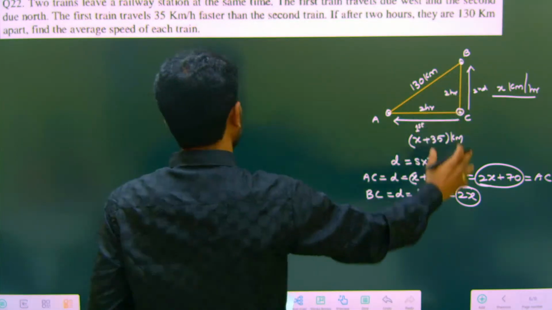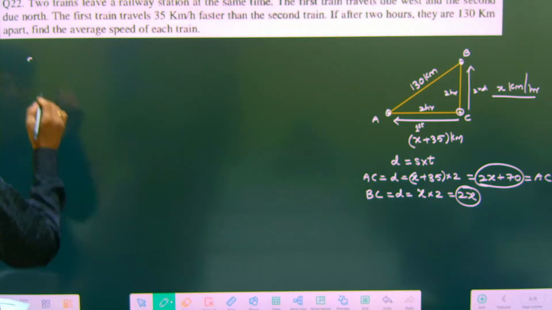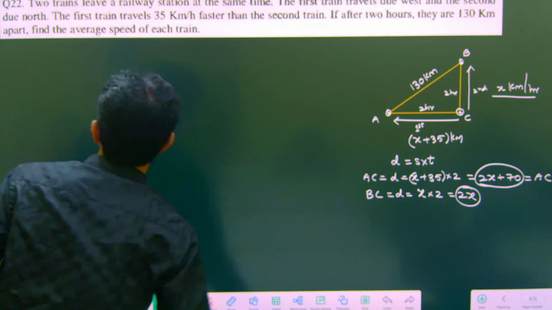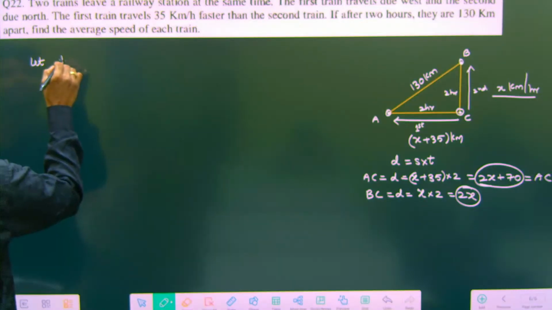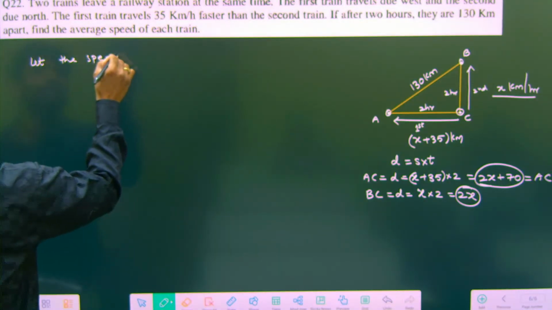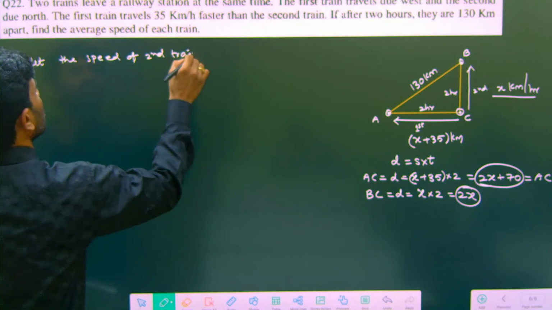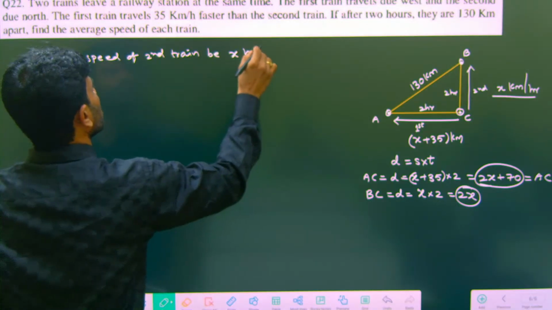Because it is a right angle triangle, we have to use the Pythagoras theorem. So first we write: let the speed of the second train be x kilometers per hour.